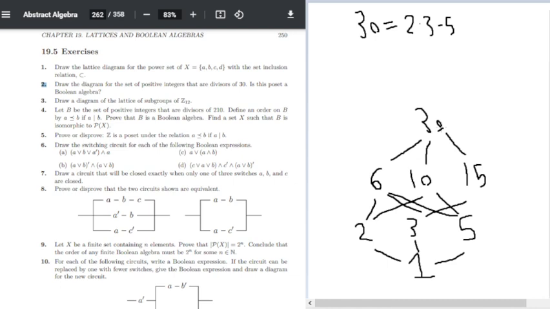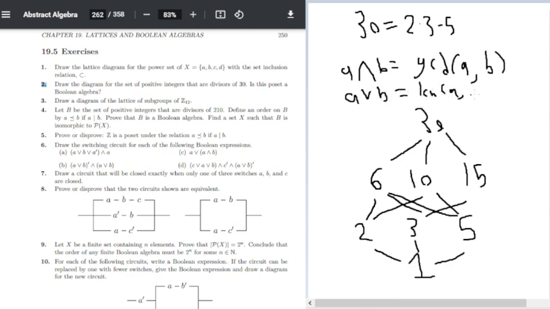Let's calculate, what does A meet B look like in this? I assume A meet B is going to be the greatest common divisor of A, B. I'm going to assume A join B is equal to the least common multiple of A and B.